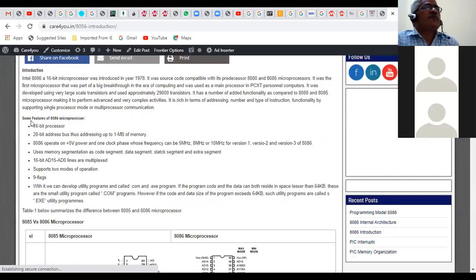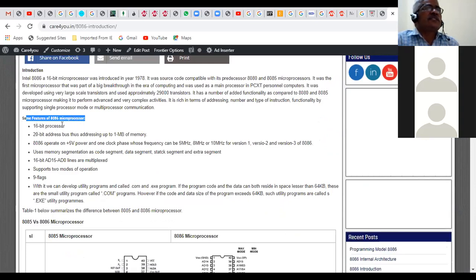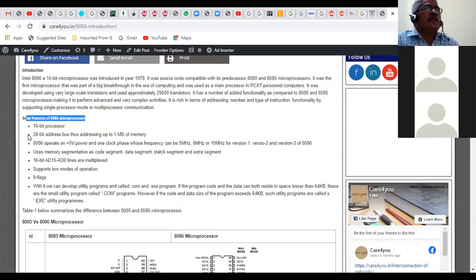We start with some of the general features of the 8086, and it is a 16-bit processor. It has 20 address lines that we discussed yesterday also. It operates on +5 volt and 1 clock phase with different frequencies depending upon the version of the microprocessor, that is 8086, with version 1, version 2 and version 3.